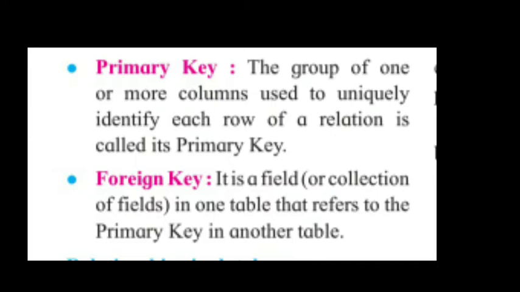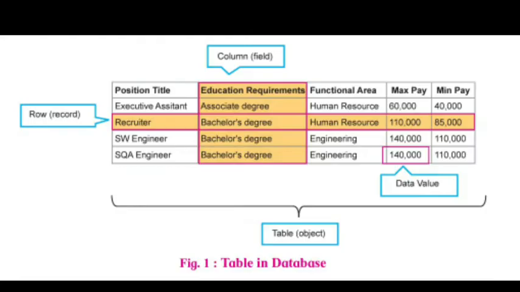And if we try to maintain the relationship between multiple tables, and we use a table's primary key in table 2, then that primary key is termed a foreign key. It is quite difficult to understand, but if you read this 2 or 3 times, you will get a clearer idea.